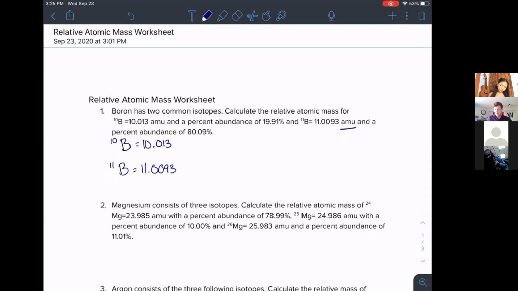AMU right here are the units that we're going to use. That is atomic mass units. That's what that stands for. When I say AMU, that's what I'm talking about. So those are the units for the atomic mass.